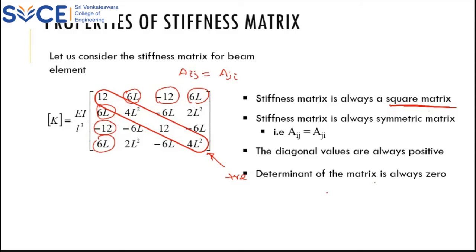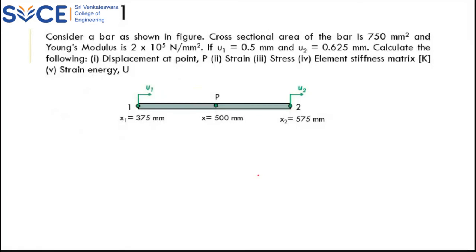This is not true for all elements, but for most of the elements the determinant of the matrix will become 0. These are the properties: it's a square matrix, a symmetric matrix, the diagonal is always positive, and the determinant is 0. Okay, let me consider a problem.